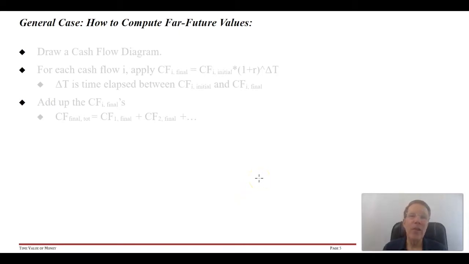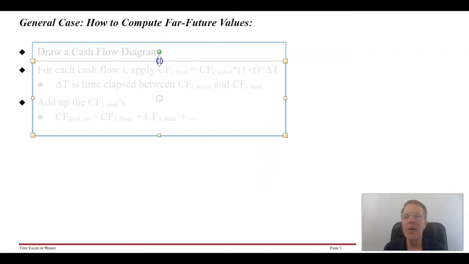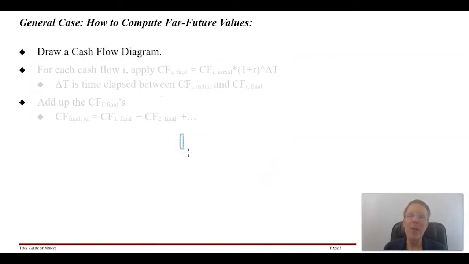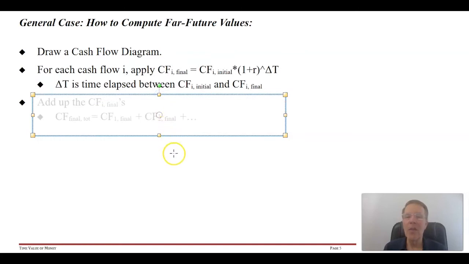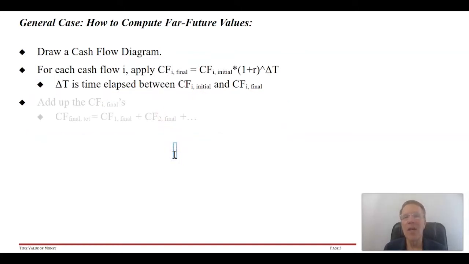So now, as usual, we're going to want a general case for this. Pretty much when it gets more complicated, when we have many far future cash flows, more than just one, it's going to be really helpful to draw a cash flow diagram. And then all we're going to do, no fancy formulas involved, for each cash flow that we have, we're just going to say the value of the cash flow when we want to measure it in the far future, like in the case we just did, it was 4 years away.